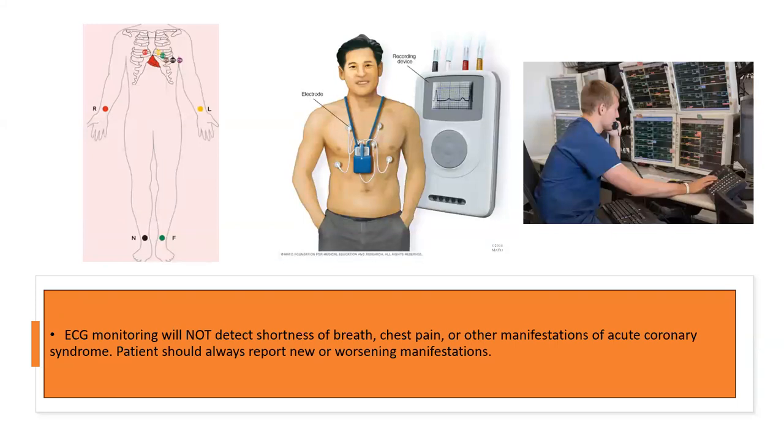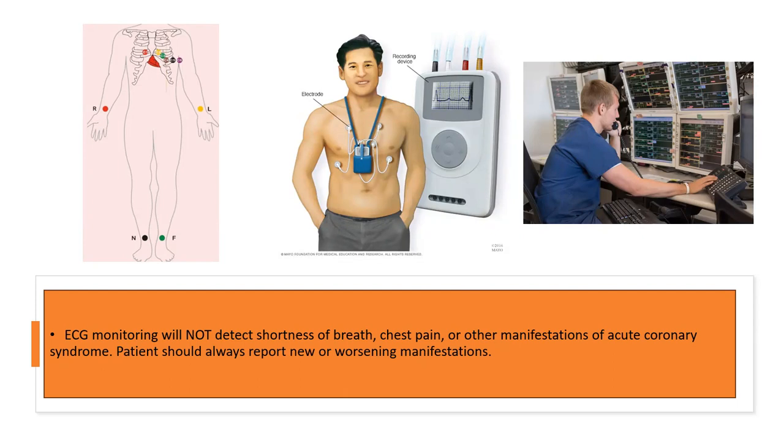I've repeated this several times, so I really want you to get this in your head. ECG monitoring will not detect shortness of breath, chest pain, or other manifestations of acute coronary syndrome.